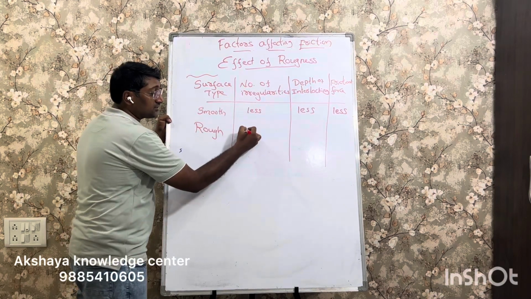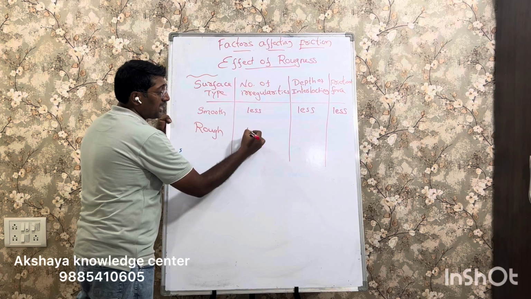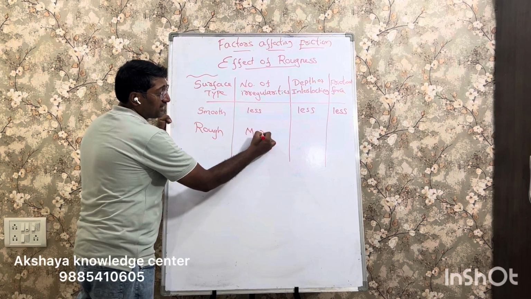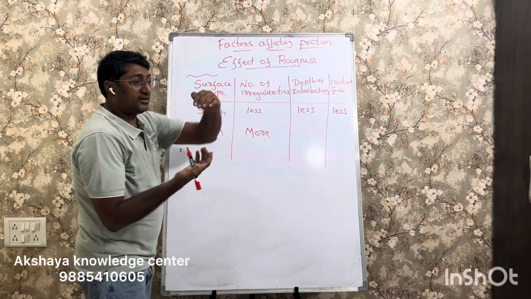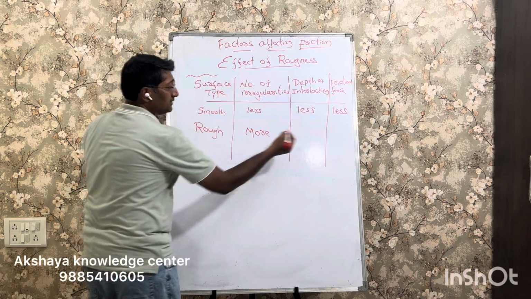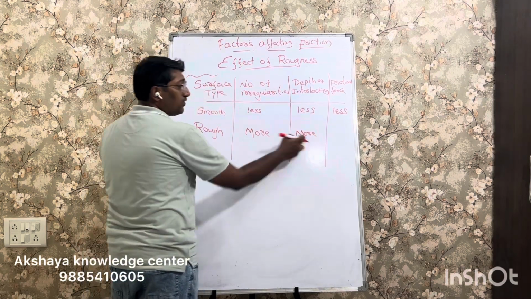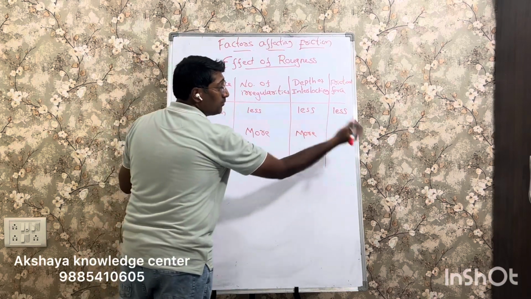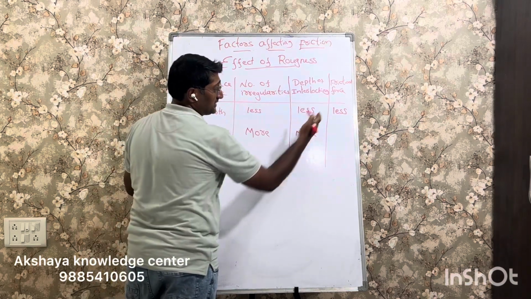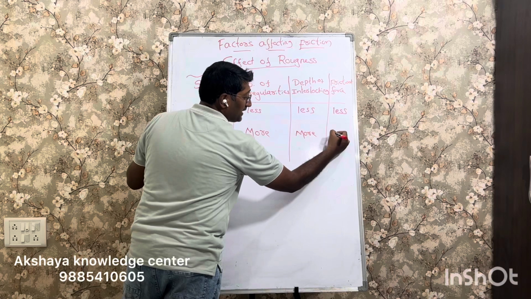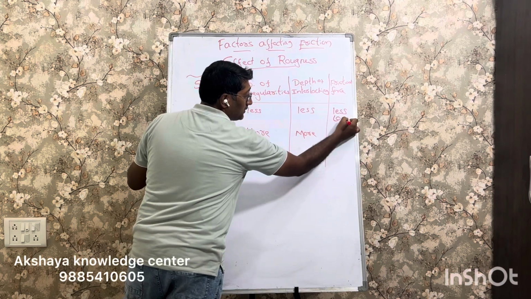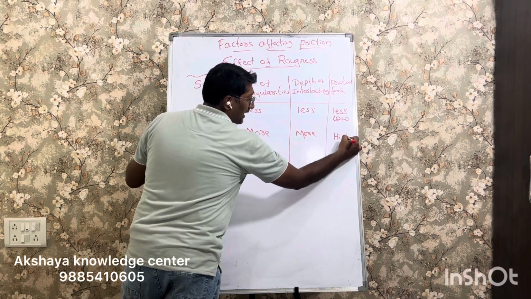The number of irregularities could be a lot more. The depth of interlocking could also be deeper, way more deep, that means more interlocking, and because of these two results, you need more force to break this friction. That means friction force will be very, very high. So here I could use the word low, here I could use the word high.